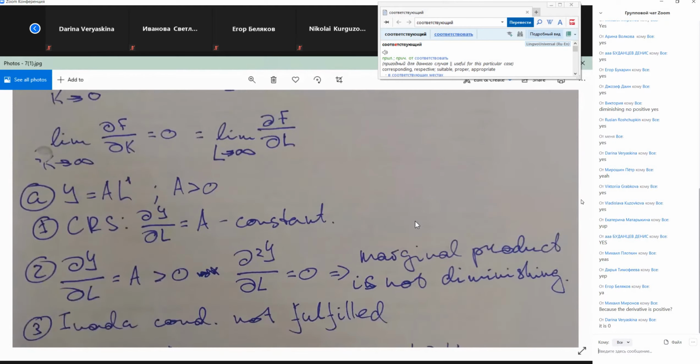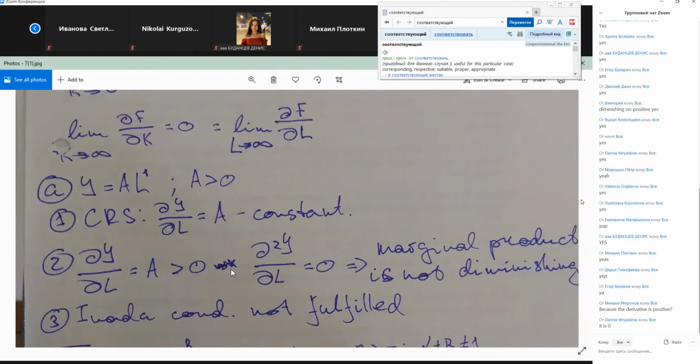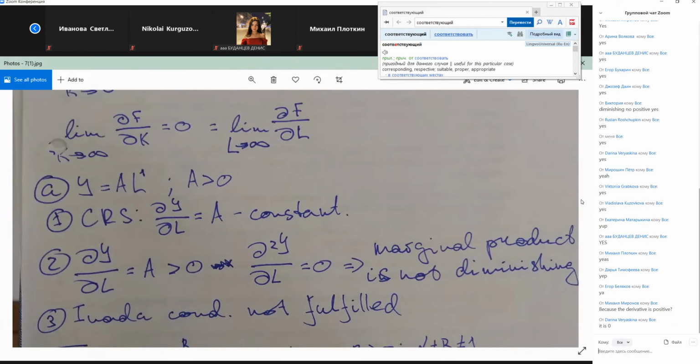And the other conditions are also not fulfilled, because if we take marginal products, we'll see that they're constant and don't approach 0 or infinity, regardless of what L is, because marginal returns are actually independent from L, from our level of inputs. All right, we're done with this A function.